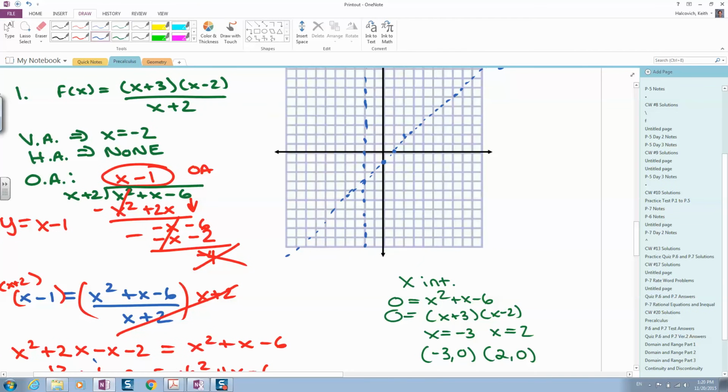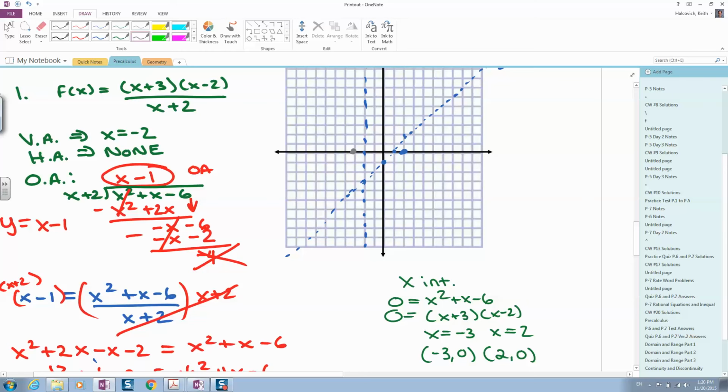So here's 2, 0, and as you can tell, I moved the asymptote to -2 because I mistakenly put it at +2. So hopefully you corrected that. So there's 2, 0. -3, 0 is right here. All right. So you will notice there are two parts to this graph. There's one to the left of the vertical asymptote and one to the right.